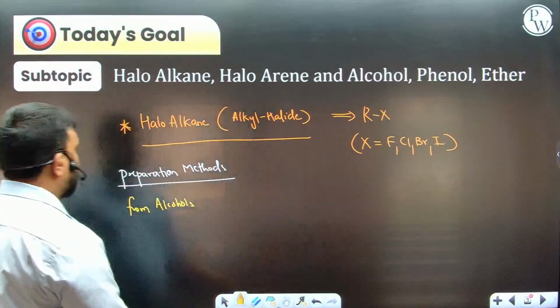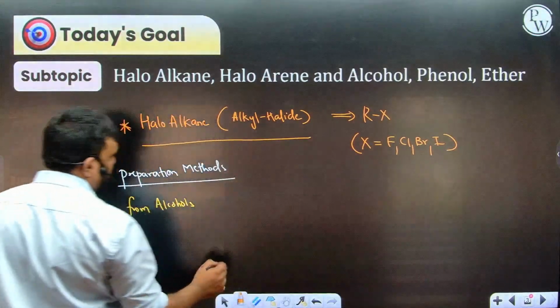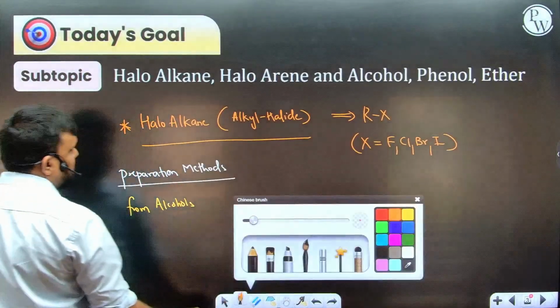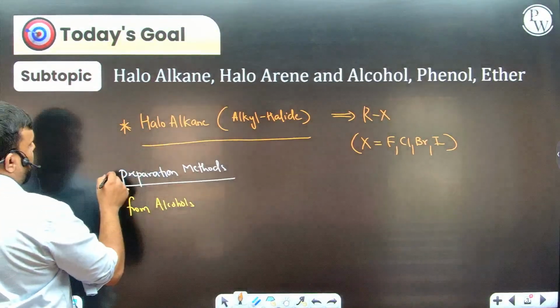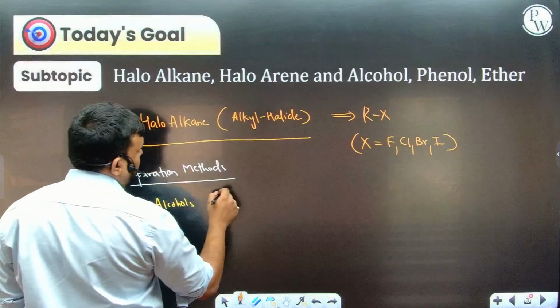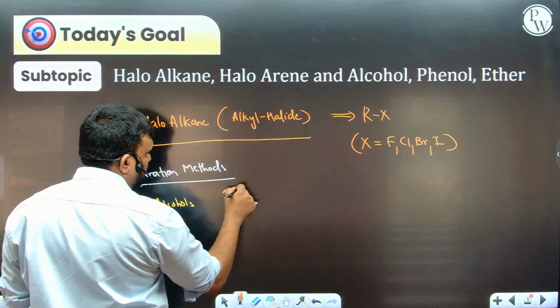So let us see. The first method I am taking over here is the best method. They ask which is the best method for preparation of alkyl halide from alcohols. So this is the best method.